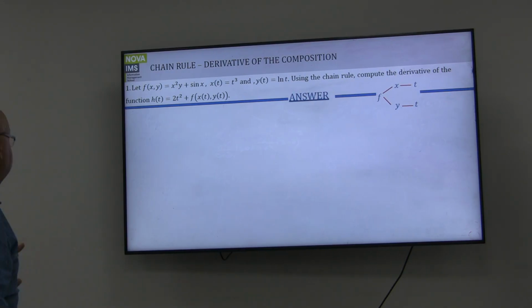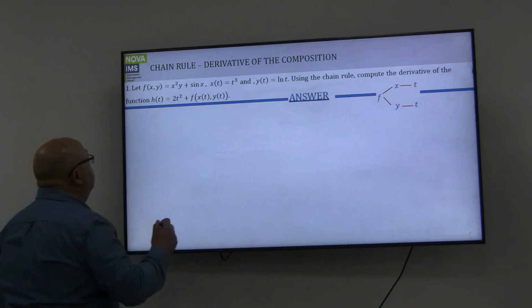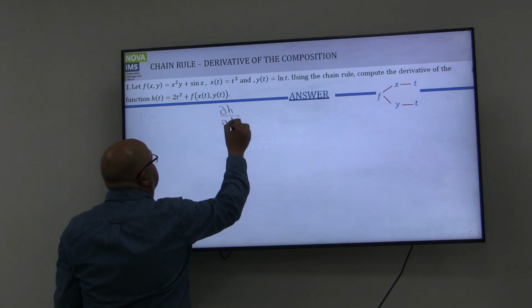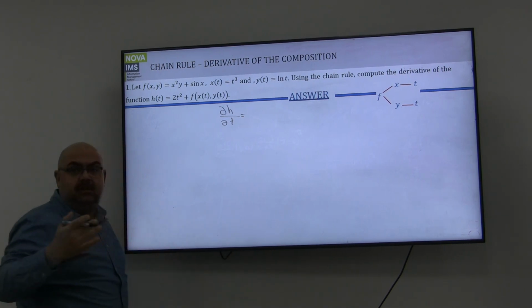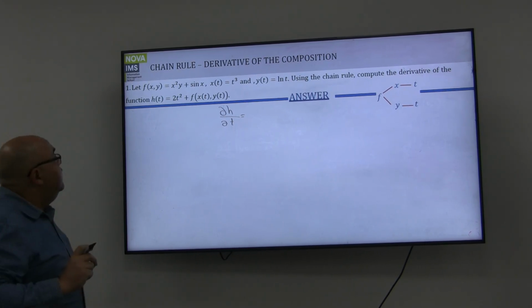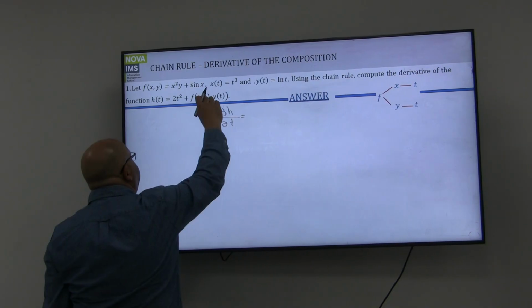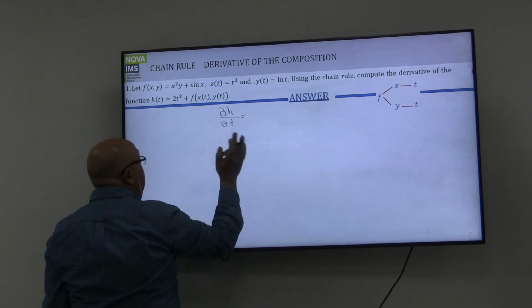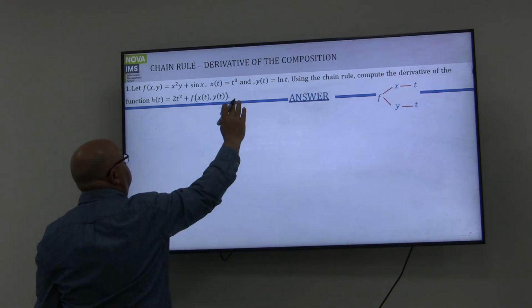If I were in your shoes, the first thing to think about is to do the following. Partial h partial t will equal, as we tried yesterday, I will differentiate h with respect to its variables. As you can see, h contains f, and in f you have x and y. So I will start differentiating with respect to t.